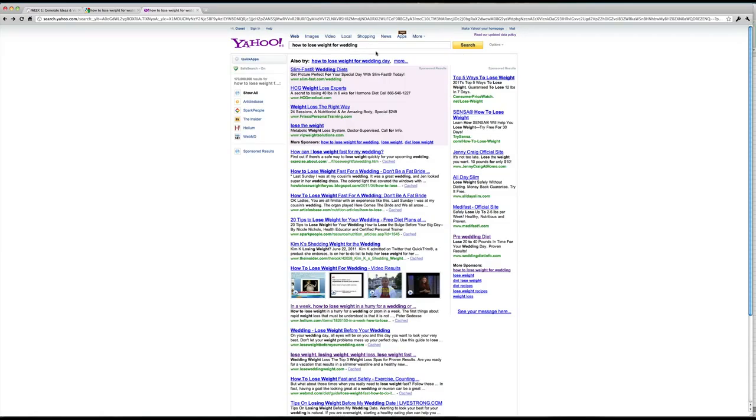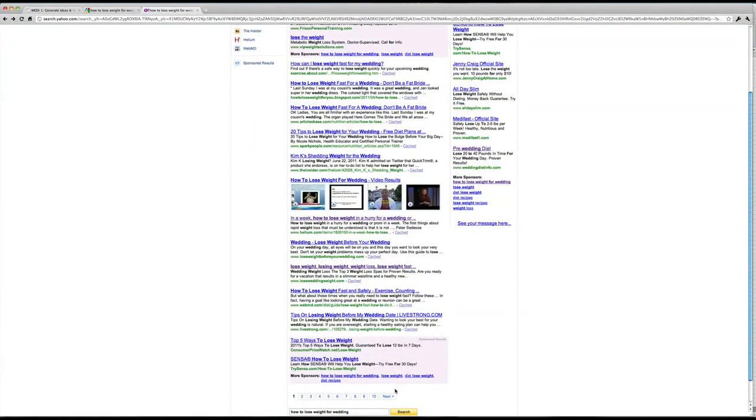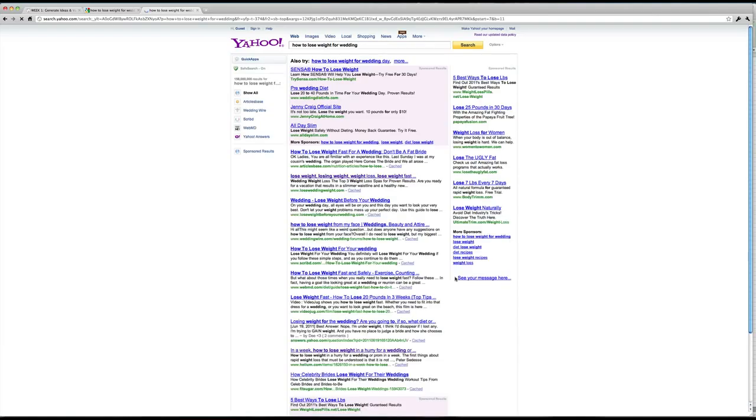How to lose weight for wedding. And then let's come down here and go next and see if we see any additional information. Wedding diet info, I think that's the one we just looked at. Weight loss pills, lose the ugly fat.